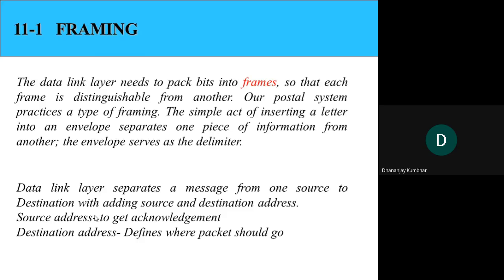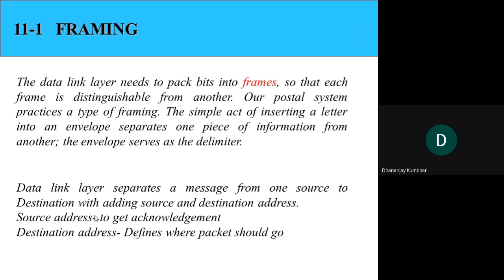Let us go with the fact what exactly framing is. What do you mean by framing? As I told you, framing is nothing but a pack of bits, whatever raw ones and zeros we get, we club those ones and zeros into a packet, and that is called framing.